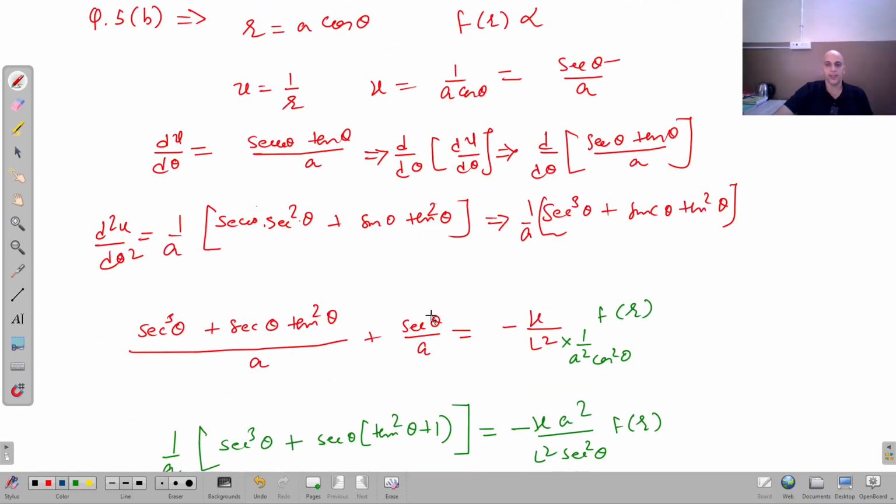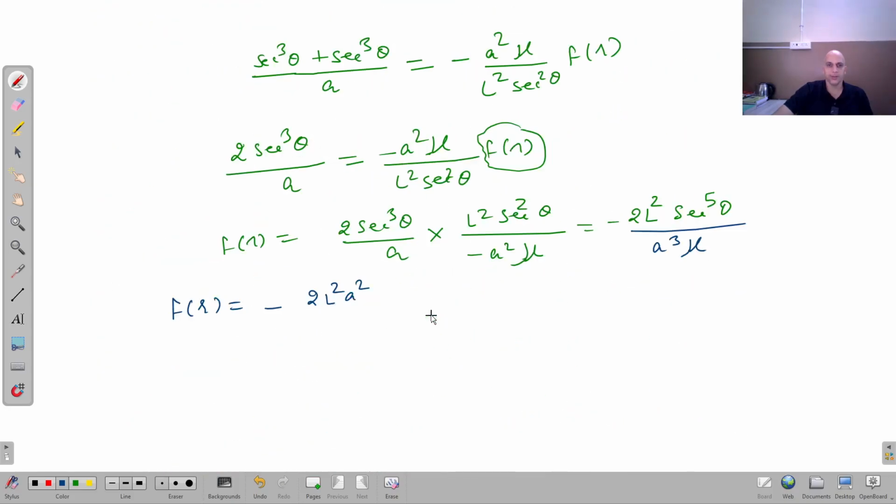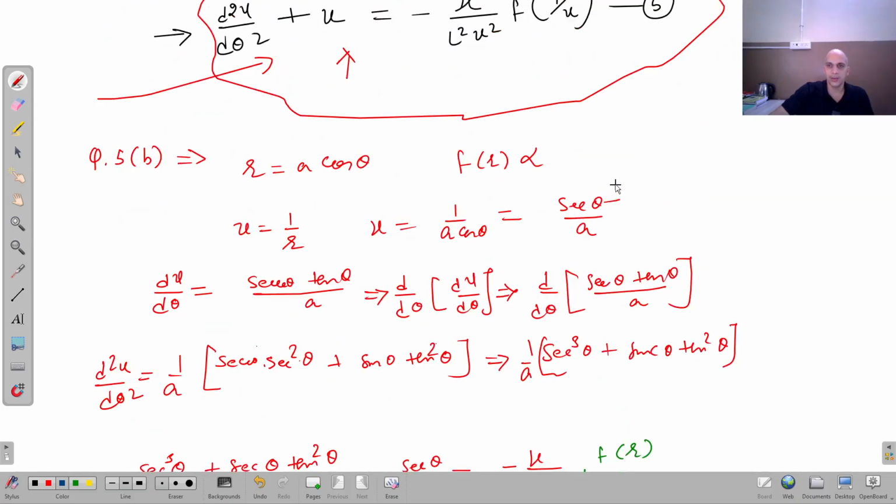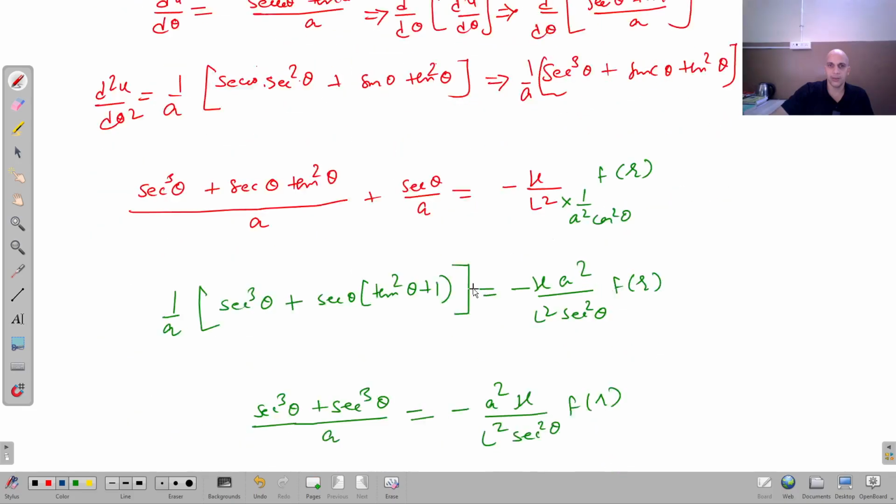So let's put the value of secant theta here: secant theta is equal to a u.